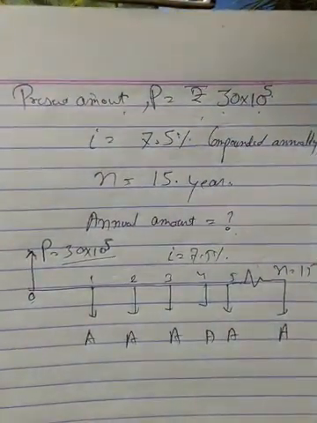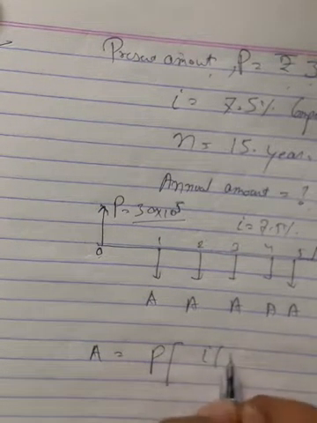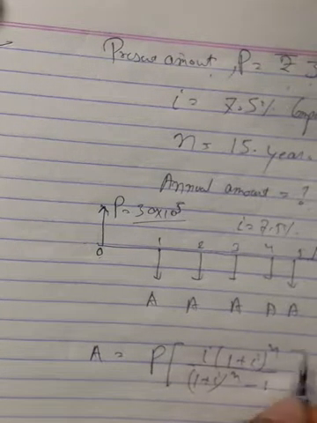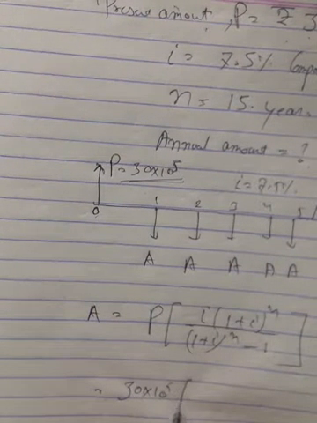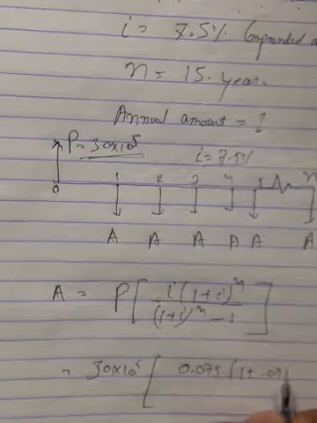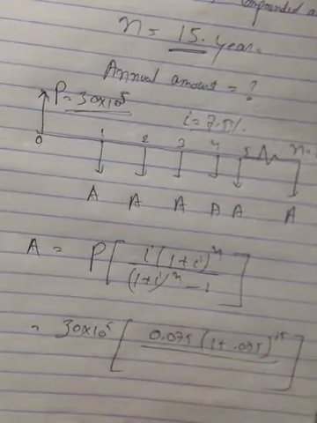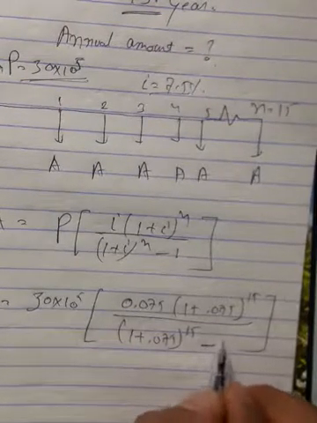So substitute this in your formula: P times I times (1 plus I) to the power n, divided by (1 plus I) to the power n minus 1. The present amount is 30 lakh. Interest is 7.5%, so it is 0.075. 1 plus 0.075 to the power n, n is 15 years, divided by (1 plus 0.075) to the power 15, minus 1.